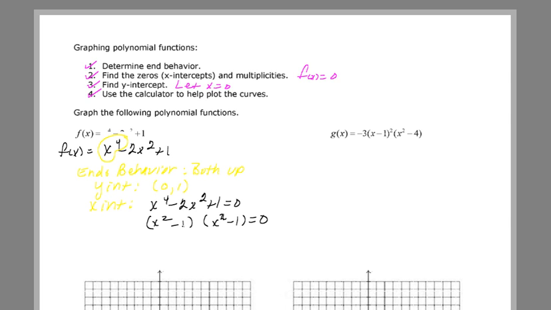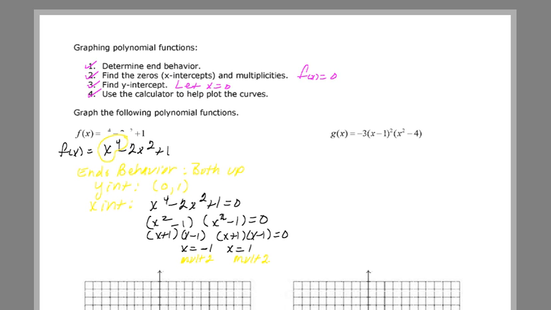So I get an x squared minus 1 and an x squared minus 1, which again factors into x plus 1, x minus 1, x plus 1, x minus 1. Well, I'm seeing some of the same factors here, which will just give me zeros of negative 1 and zeros of positive 1, and each of those have multiplicity of 2.